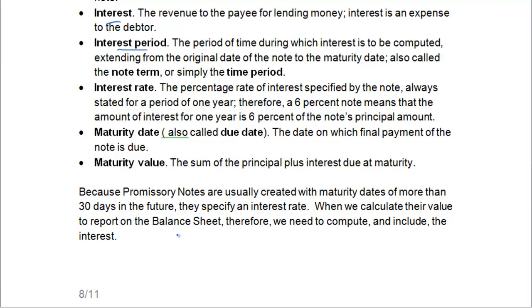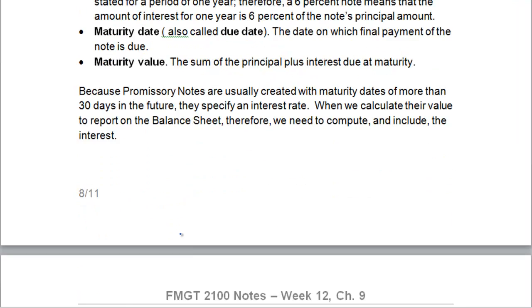It can be interest paid on a monthly basis during the life of the loan, but typically the most common is that the interest is paid at the maturity date. So when the loan is repaid in full, it's repaid in full plus all the interest at that point in time. This adds a little wrinkle in our accounting, in that we have to account for this interest.